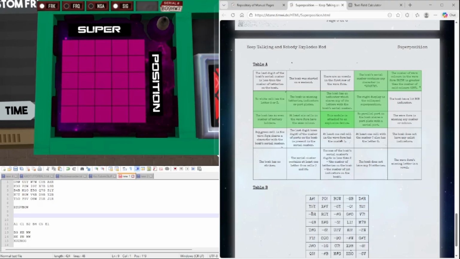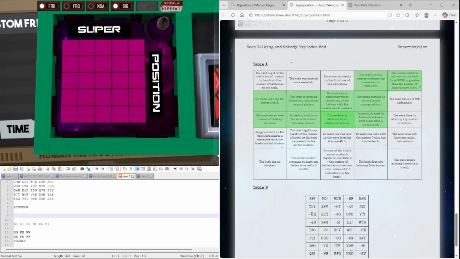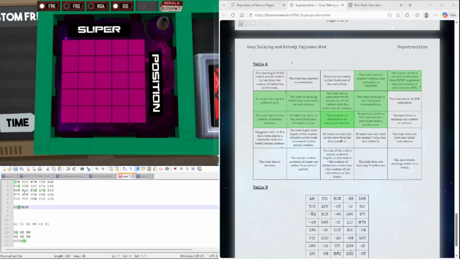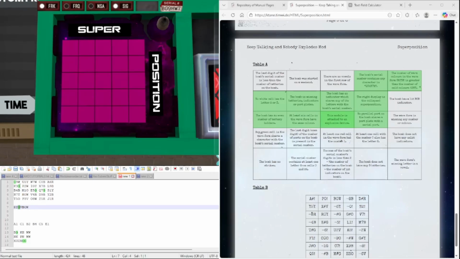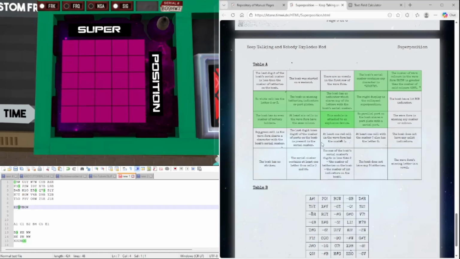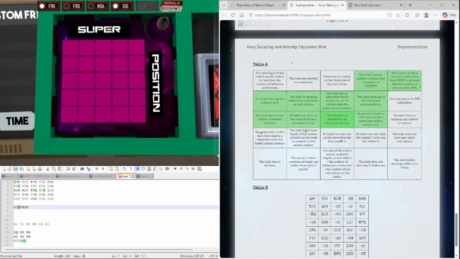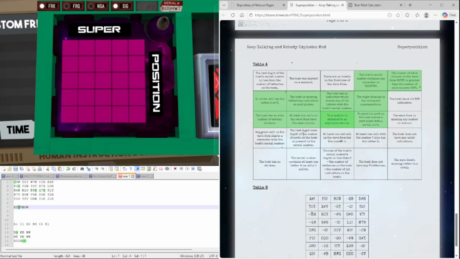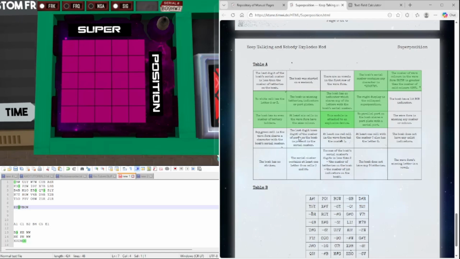Any green cell in the one shares a character with a serial number? K, E, and Q. No. Last digit, one's digit of the number of ports on the bomb, none.